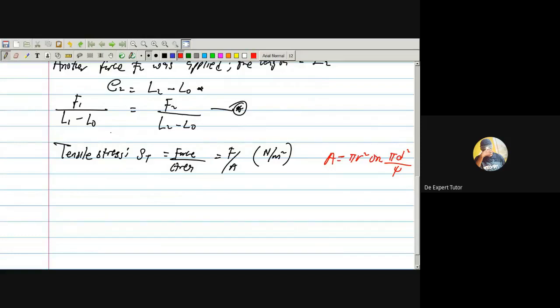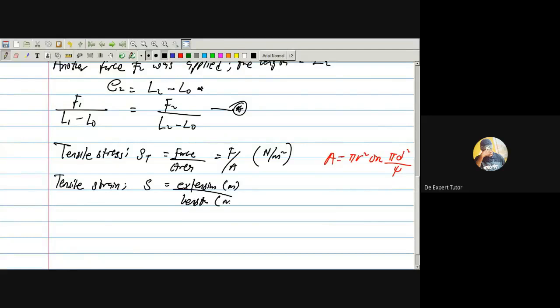Next is what we call tensile strain. There are many of these, but the one you want to study is this simple thing, tensile strain. Let me just use ordinary S for that. Tensile strain is extension over length. Extension is a form of length, so the unit is meter.